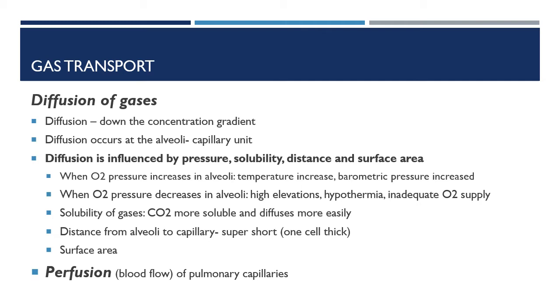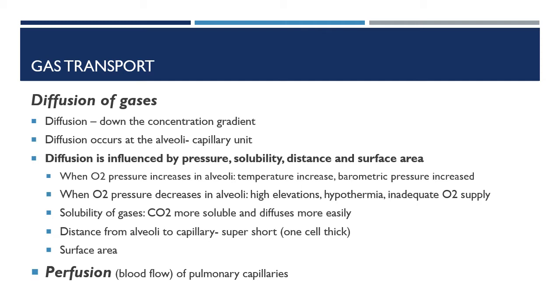Okay, the next one is a very important one to understand. The distance between the alveoli and the capillary is usually just one cell thick, one or two, right? So what if fluid got between it, such as in pulmonary edema? So there's backup of fluid from the heart because the heart's not pumping properly, and now you have fluid between the alveoli and the capillaries all through your lungs.